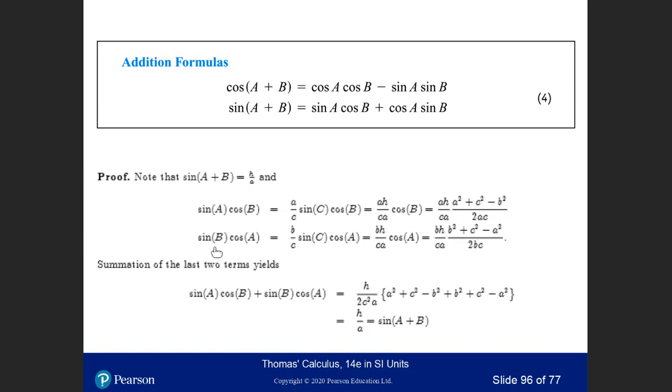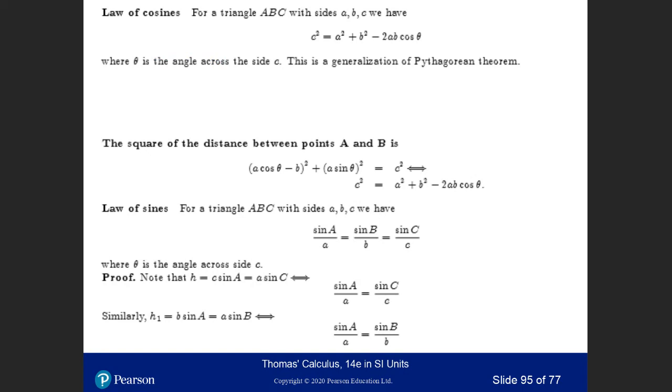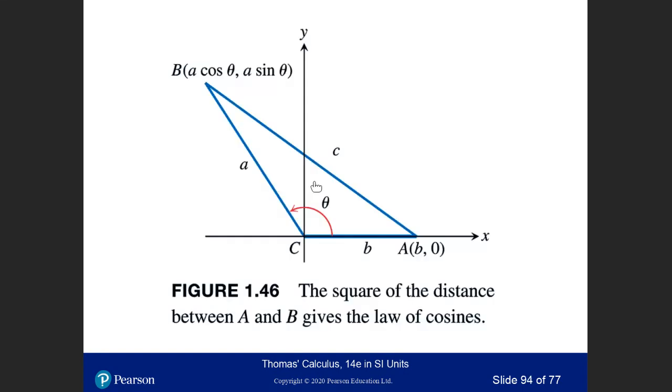Now let's calculate sine B. If you go back to the figure again, okay, sine B, we were talking about H1 here. That's a vertical line from C to side C. Let's call this vertical distance H1. Sine B is H1 over A, because A is the hypotenuse if I draw a perpendicular line from here.